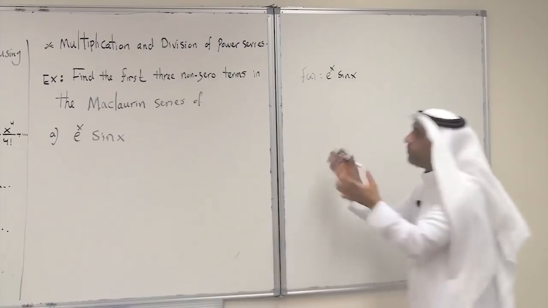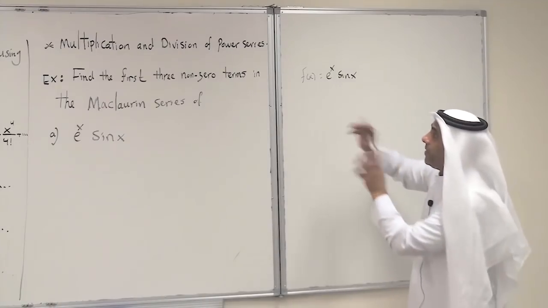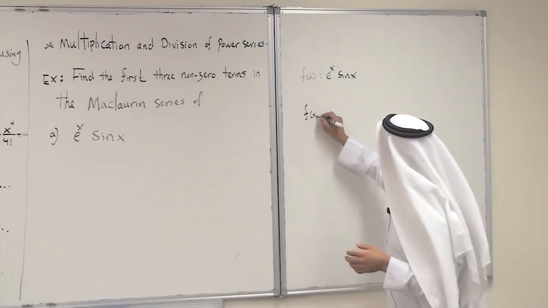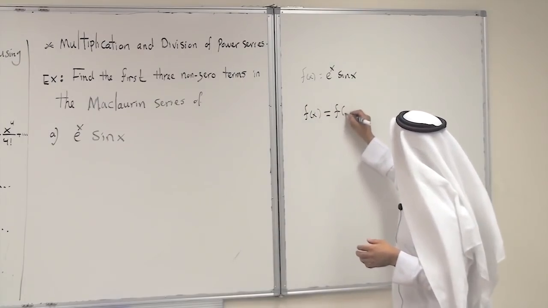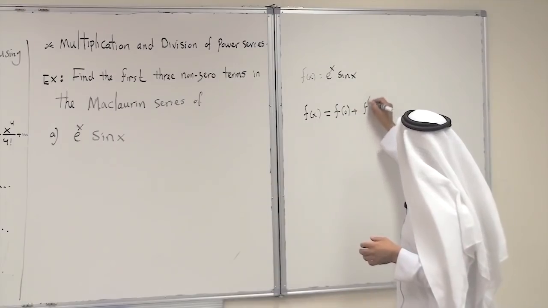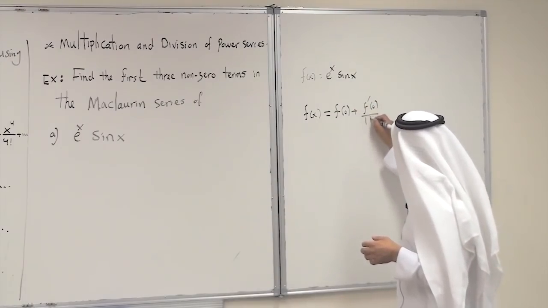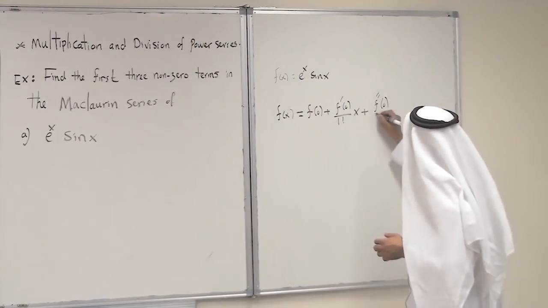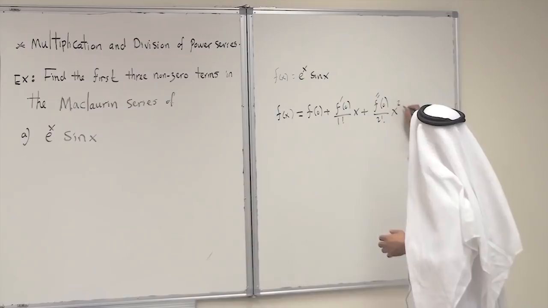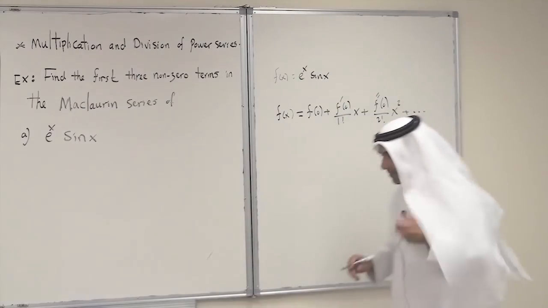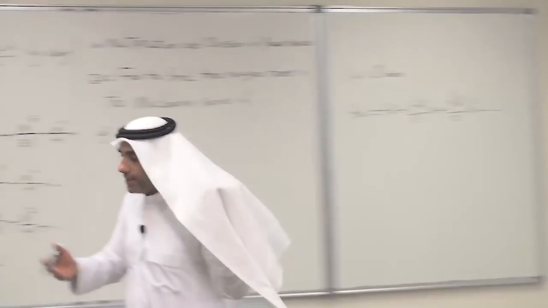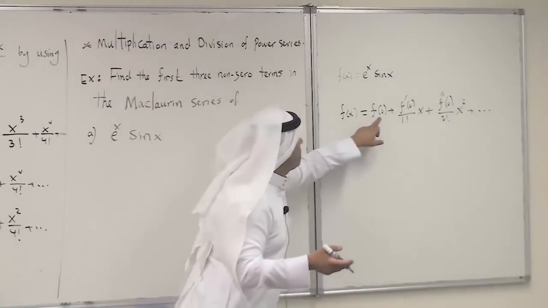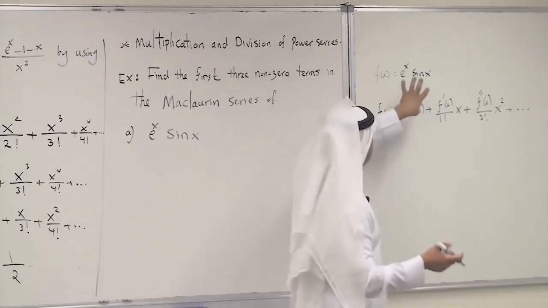So someone can go and search for the first three non-zero terms in the Maclaurin series by applying the definition that says f of x is f of 0 plus f prime of 0 over 1 factorial times x plus f double prime of 0 over 2 factorial times x squared plus etc. And he needs to continue until he reaches three non-zero terms, because here, for example, clearly f of 0 is 0, so we are not looking for this term.